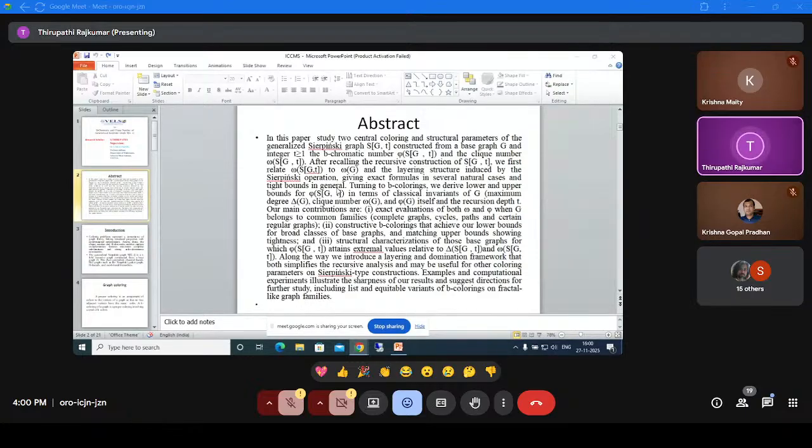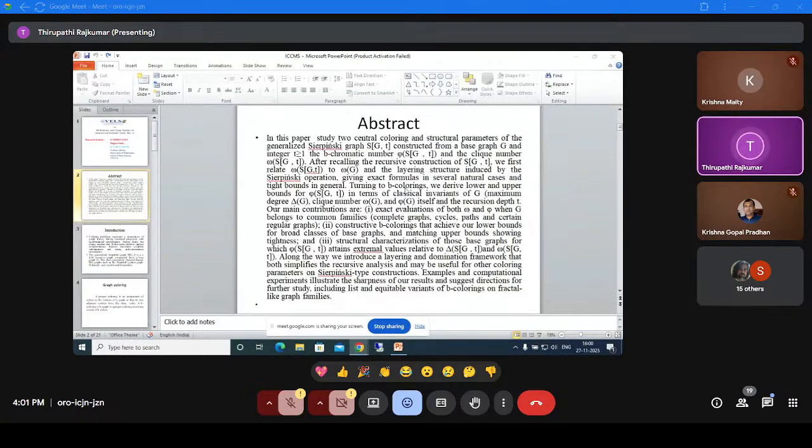After recalling the recursive construction of S(G,t), we first relate ω(S(G,t)) and ω(G) and the layering structure induced by the Sierpinski operation, giving exact formulas in several natural cases and tight bounds in general.